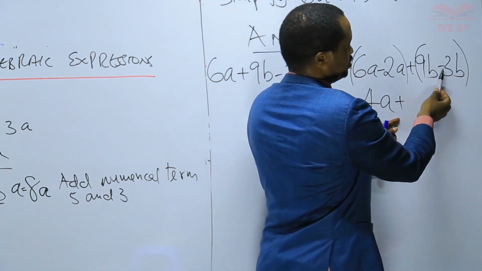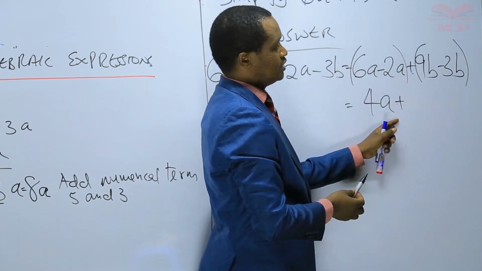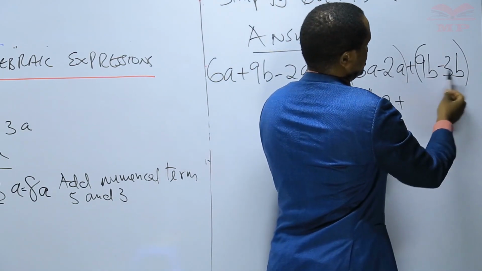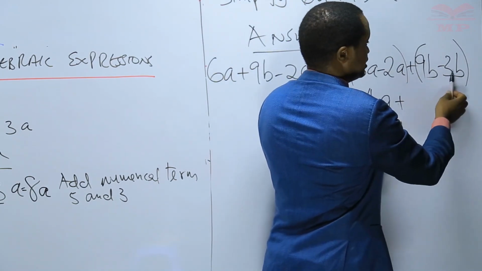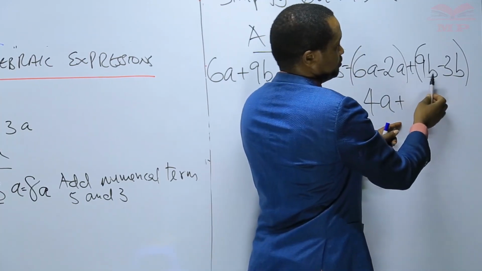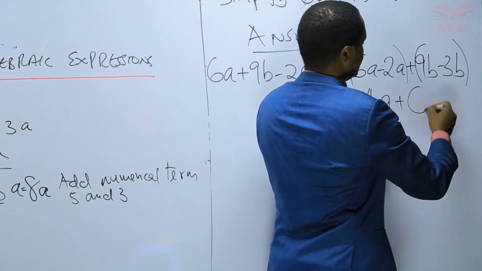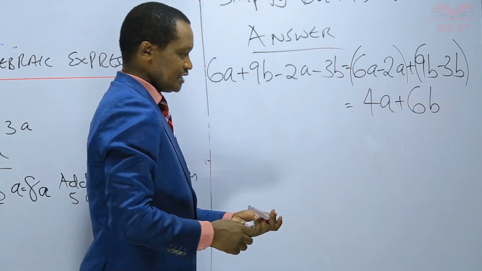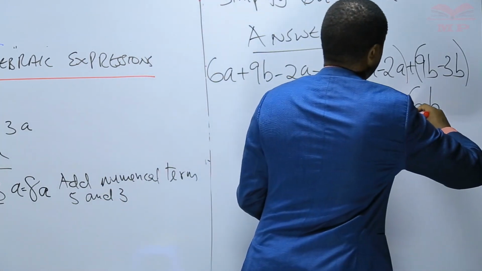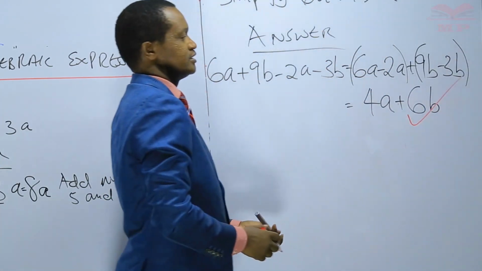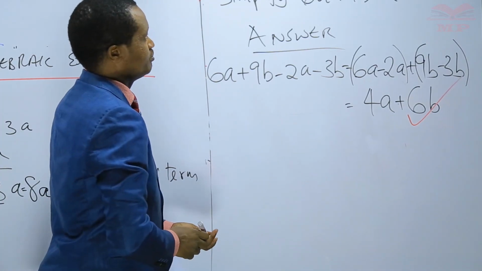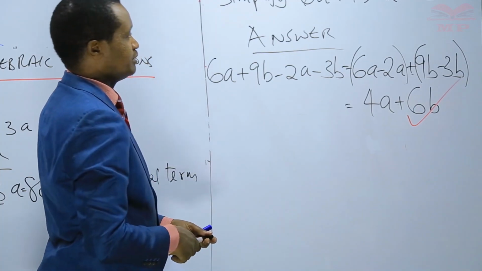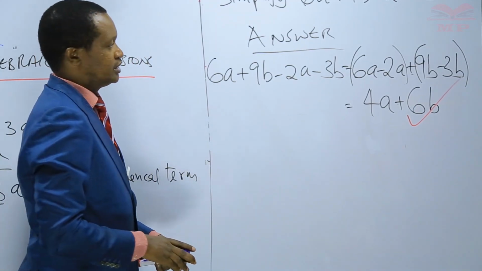Then we move on to the collection of 9b and 3b. We will deduct 3 from 9 to give us 6b. So that is the answer. The answer is 4a plus 6b. That is how we simplify algebraic expressions.